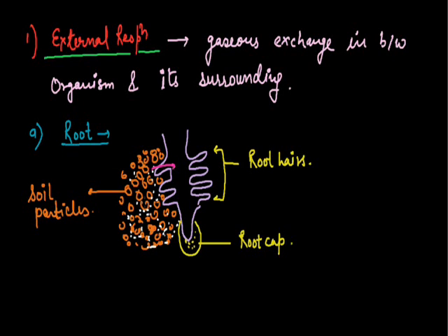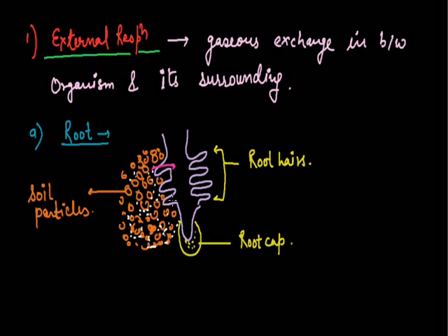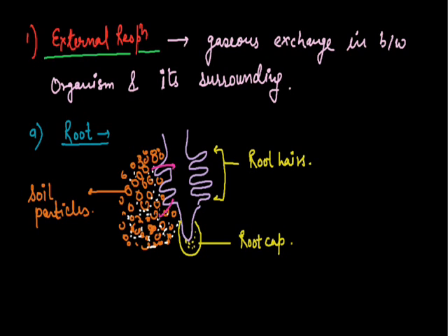Oxygen is taken in and CO2 is lost out through root hairs, not stomata.